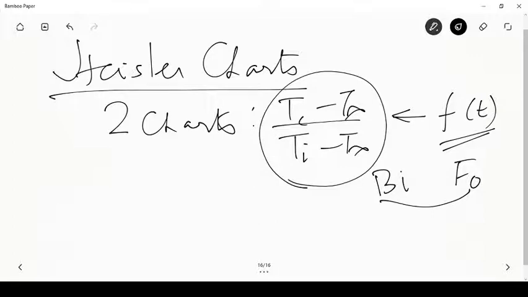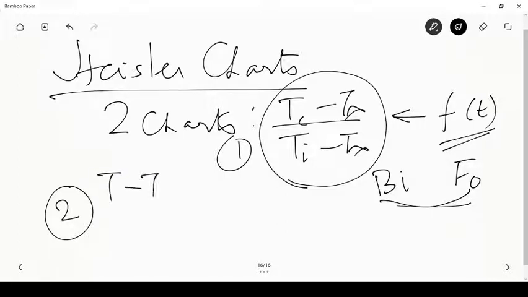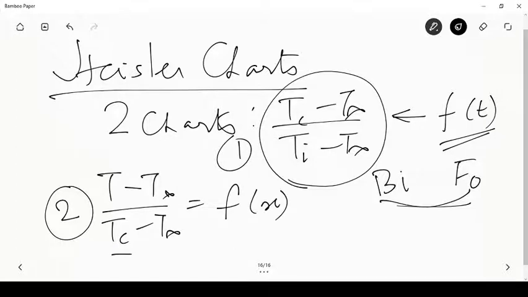This will be the first chart, and the second chart, once I have the Tc value from this chart, I will use that in this, saying that this is (T minus T infinity) divided by (Tc minus T infinity), where this Tc is already known to me. This is going to be equal to some function only of x with again the Biot number as the parameter.